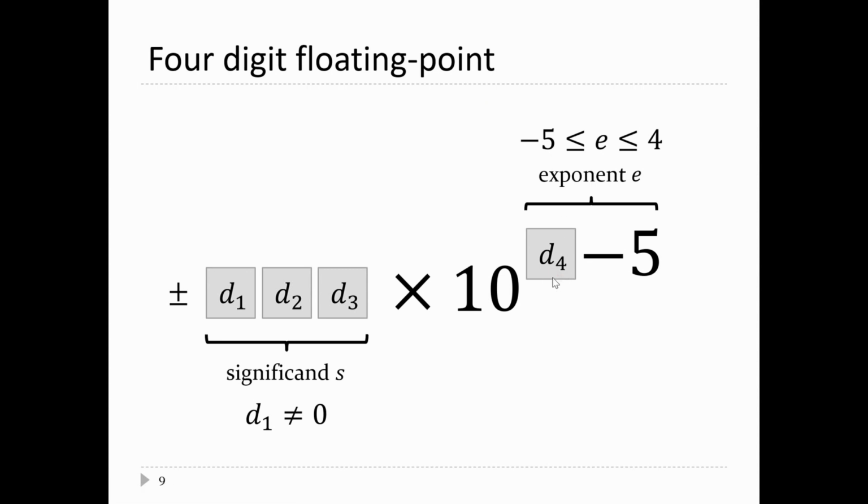So if the largest value of d4 is 9, then my exponent is somewhere between 4 and minus 5. If d4 is 0, I get minus 5. So that's how I get negative exponents. That thing there is called the bias, if you're interested. So that's going to be my representation. I get 4 digits, and to convert those 4 digits into a floating point number, I do that little math there.